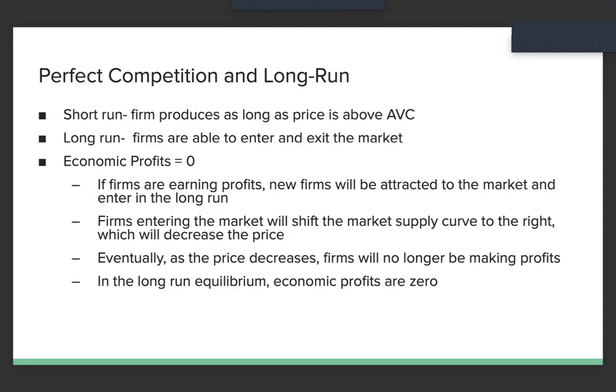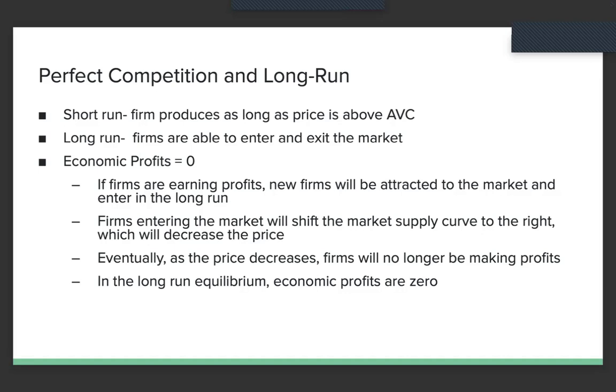And once new firms enter the market, the new firms would shift the supply curve to the right, because you increase the industry supply, and that would push down the price up until the point where there are no profits anymore and there's no incentive to enter the market, and therefore your economic profits are zero.